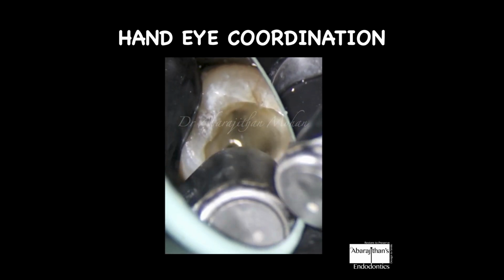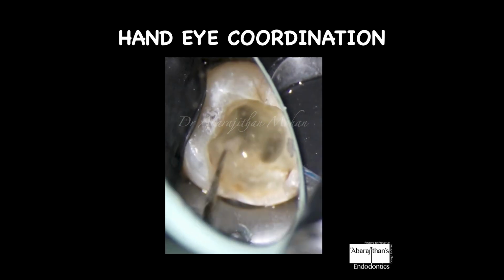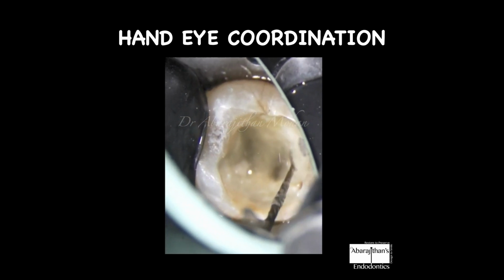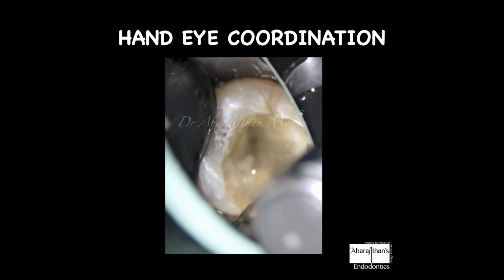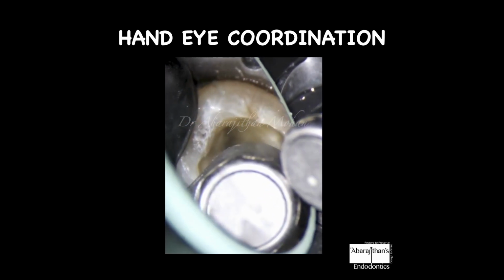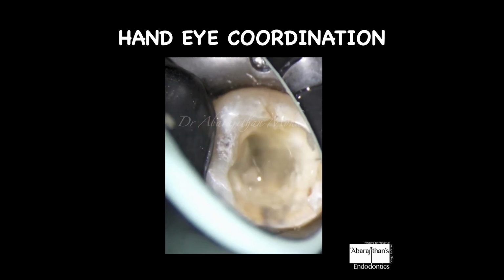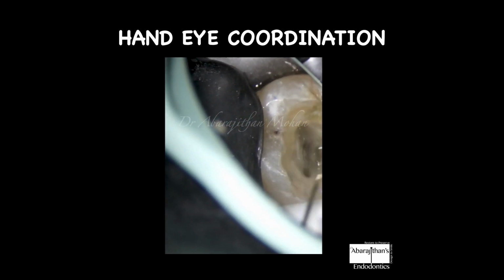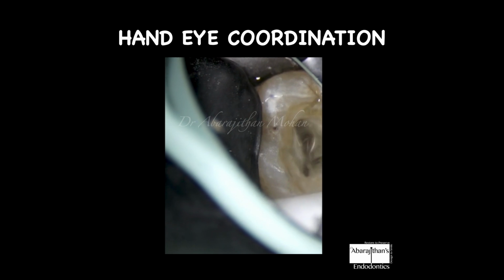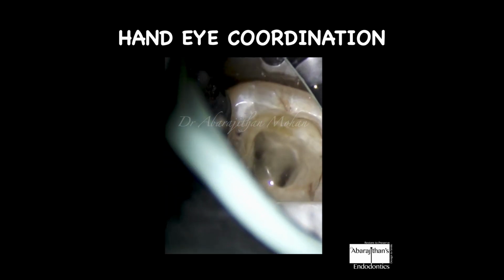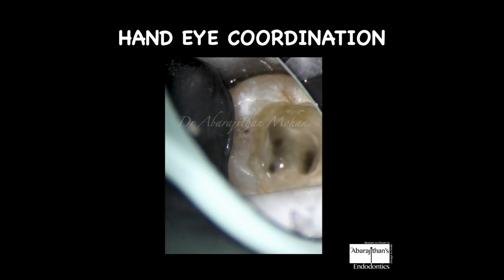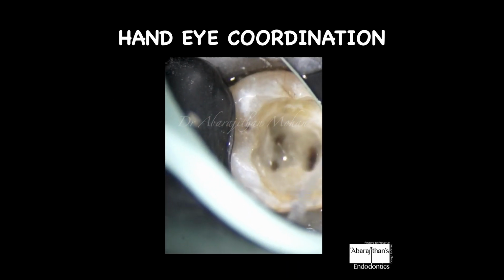You can also literally see what every step is doing, the impact of each and every step, be it instrumentation or irrigation. So the chances of going wrong is very low. So endodontics is not a blind procedure. The use of magnification helps you in doing everything under control with precision.